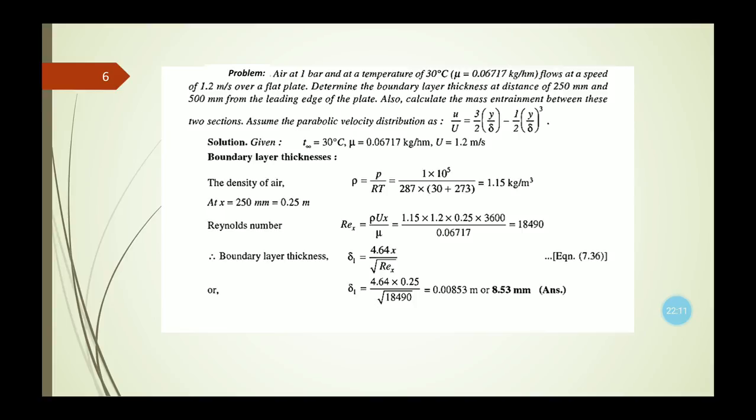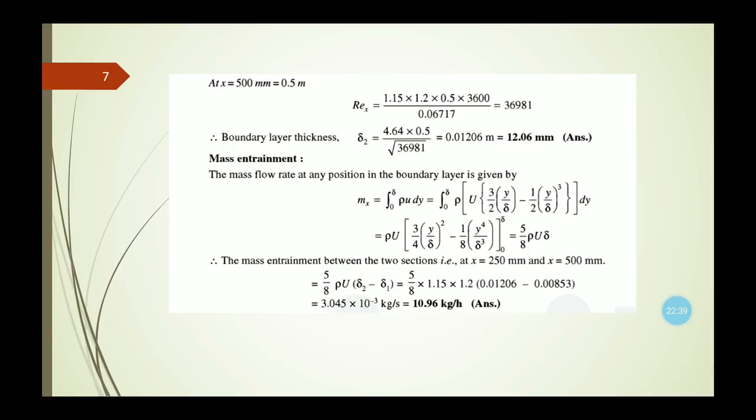Now corresponding to the given velocity distribution equation, the formula of boundary layer thickness is 4.64x divided by root under Reynolds number. The value of Reynolds number we have calculated just now, and the value of x for the first case is 250 millimeter. Putting these values, we get the boundary layer thickness as 8.53 millimeter at a distance of 250 millimeter from the leading edge of the plate. Next, we need to calculate the boundary layer thickness when x is 0.5 meter.